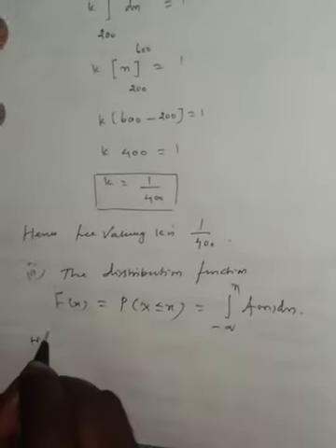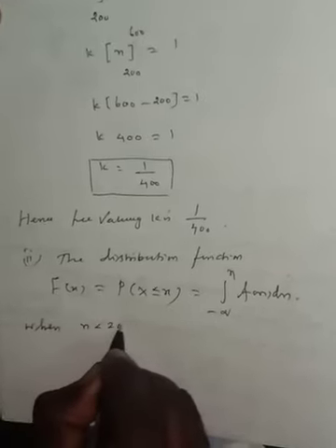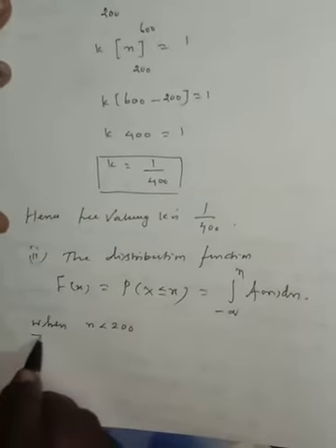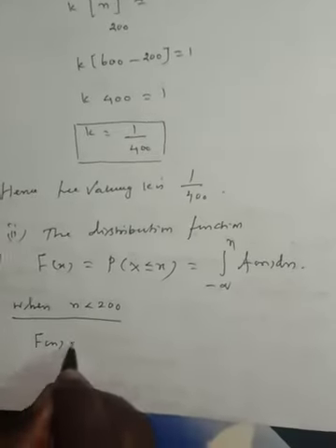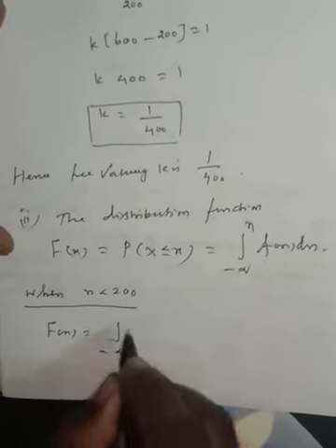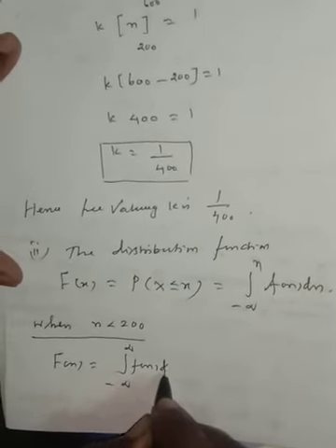When first case, when x is less than 200, F of x is equal to the integral from minus infinity to plus infinity, this is the general formula, f of x dx.